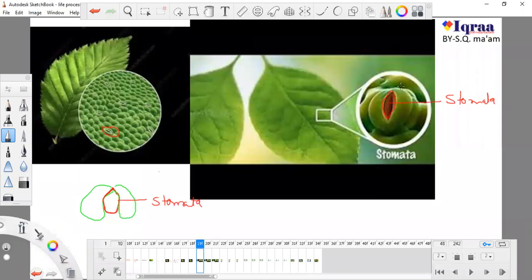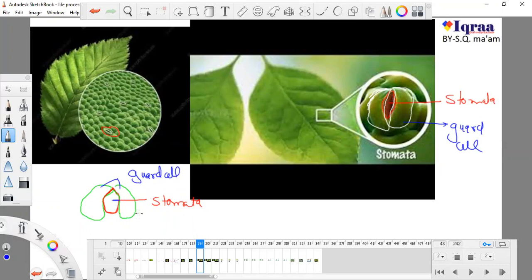Just consider that this is one guard cell and this is the second guard cell. So these are two guard cells, and this opening is known as stomata.